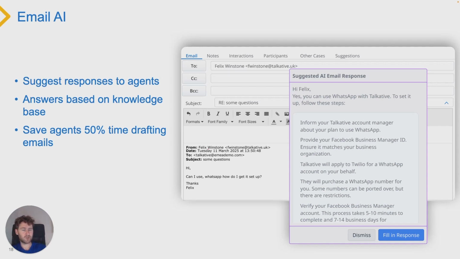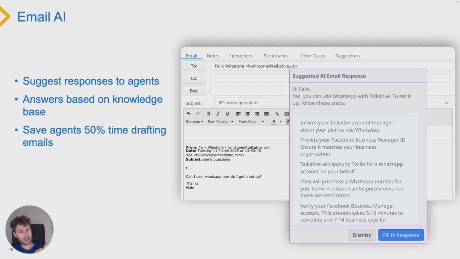In practice, we found that because emails tend to be a lot longer and a lot more asynchronous in terms of how the customer is messaging you, the more common paradigm is actually agents getting suggested responses from the AI and sending back a really detailed response in one go.